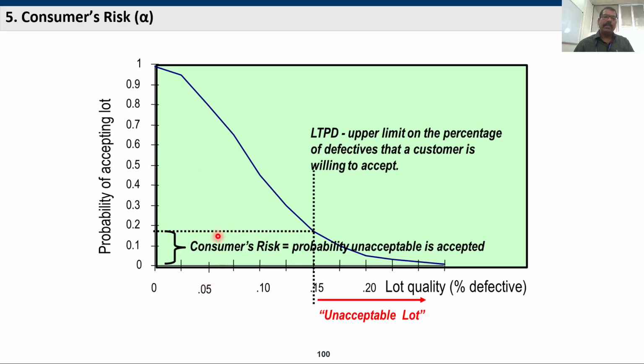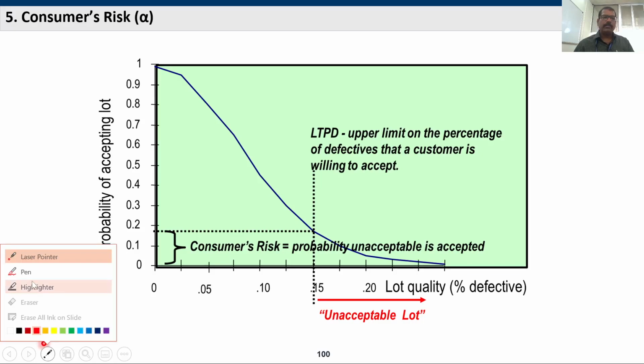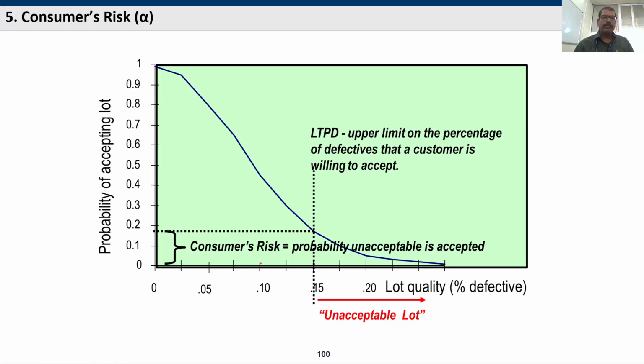So this area is the consumer risk. If you are setting your lot quality percentage of defective as 10, then the curve will stop here. At 10 here, this is the consumer's risk, meaning the probability that an unacceptable lot is accepted.